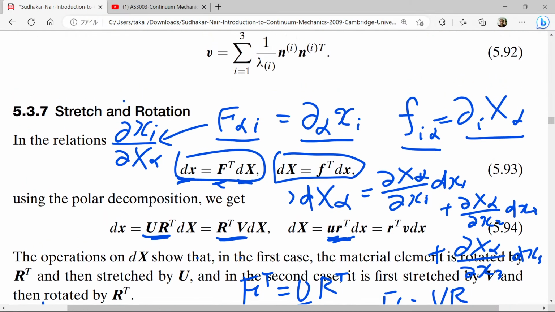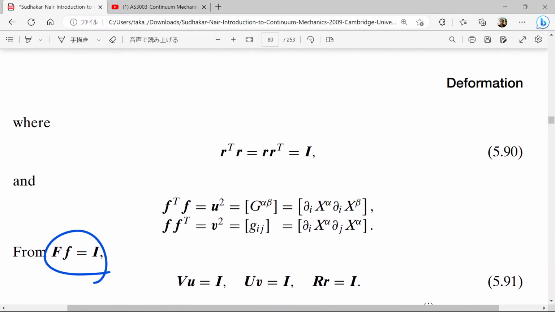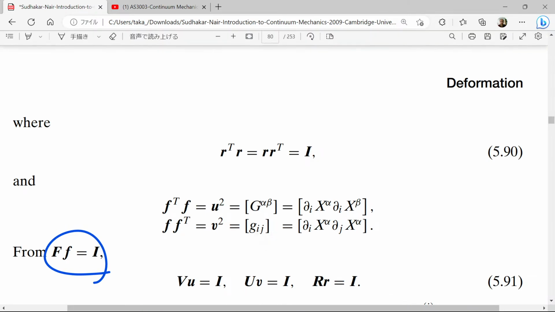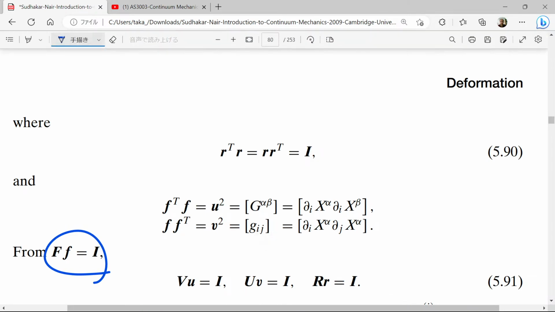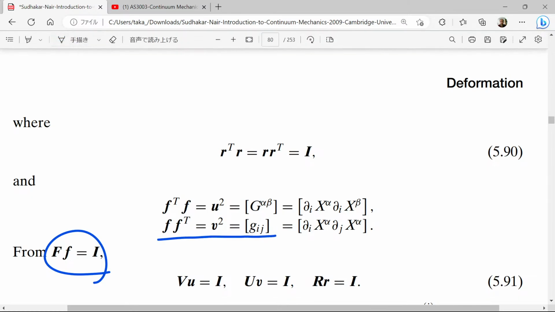We should see it somewhere. This one, this is G. G is FF transpose.